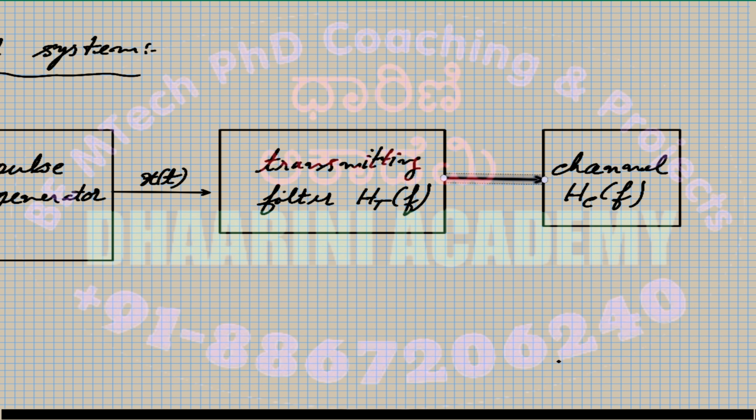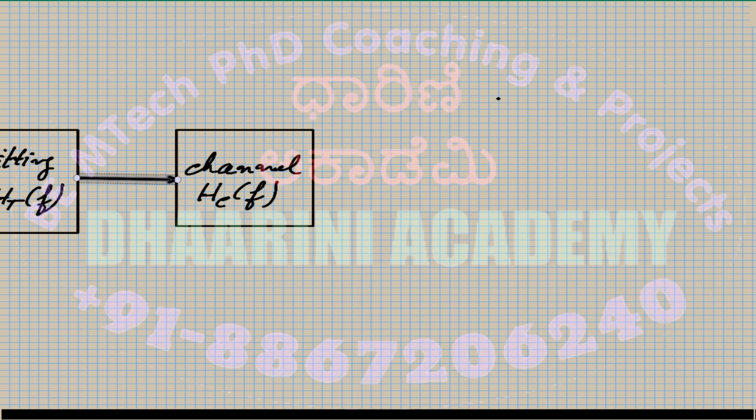This is given, and we know that the channel's output will be received by a receiver, right? Now we try to represent the job done at the receiver side by using another filter. Let's call that a receiving filter.